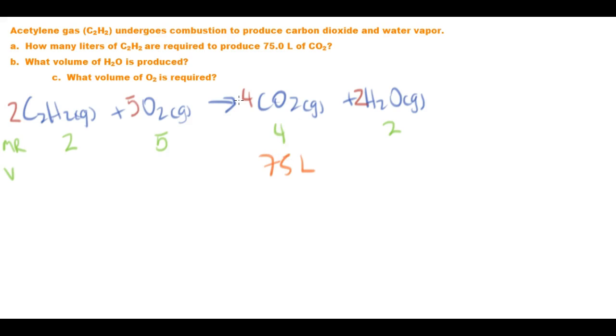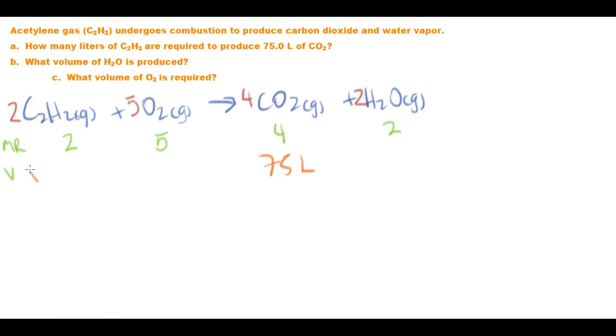So I'll do this the longhand way so that you guys know how to actually calculate it. We have to compare all these ratios with the ratio of what we do know, which is carbon dioxide. So first off, how much acetylene are we going to need? So C2H2. If we compare these two numbers, for every 4 moles of carbon dioxide produced, you only needed 2 moles of acetylene.